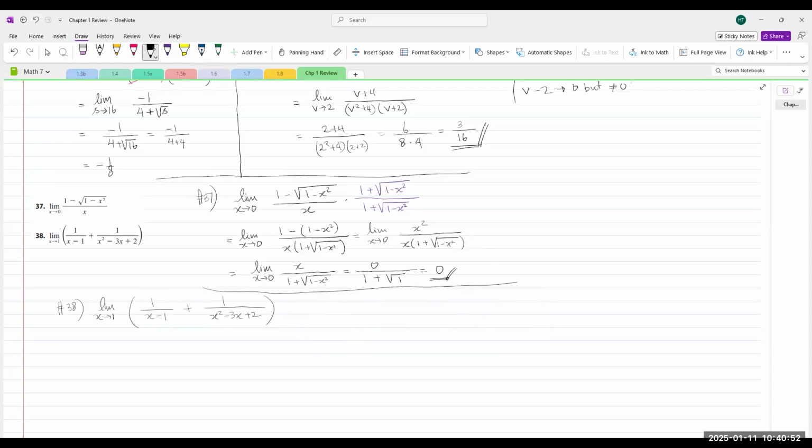The existence of the limit is what allows us to split that. Now, this equals limit x approaching 1 of, what I will do is combine these two fractions here. To do that, I need to find the LCD first, right? And to find the LCD, I need to do the factoring first.